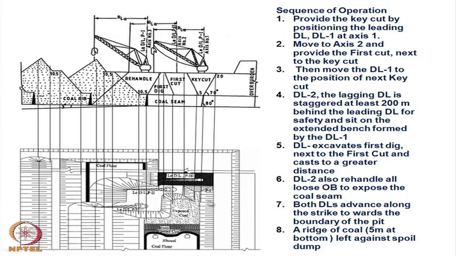Once this face is created, then you can move, and then when you are cutting here, this is one bench, which you can see here, this particular bench. Then this bench, and then from these two you can see that material, this bench, this is the overburden spoil here.